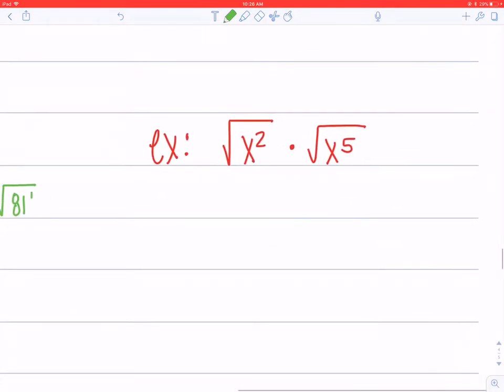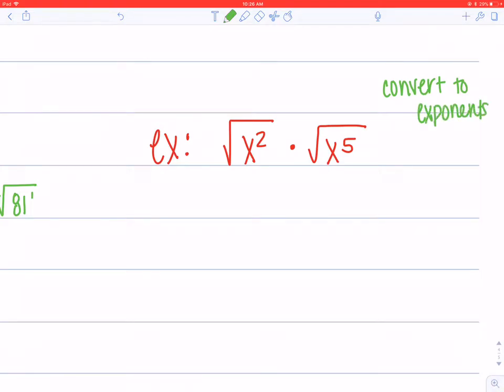Okay, the next one, I'm starting in radicals, so the first thing I have to do is convert. I have to go from radicals to exponents because I don't have any properties regarding radicals other than I can stick them together. So I want to convert both of these to exponents. Now, if I don't have an index written, if you remember from 8.1 or 9.1, it's an implied 2.